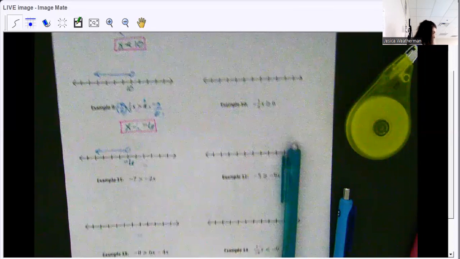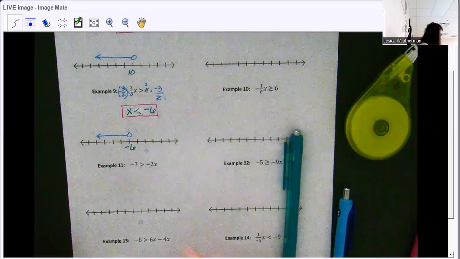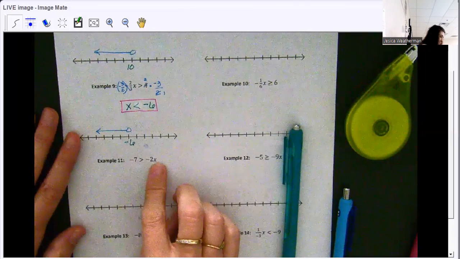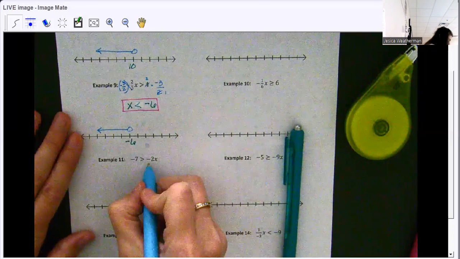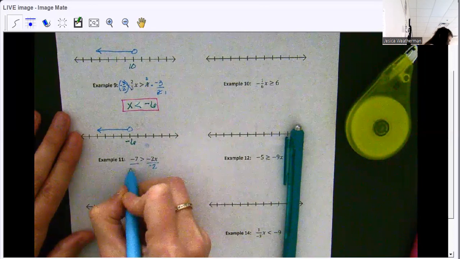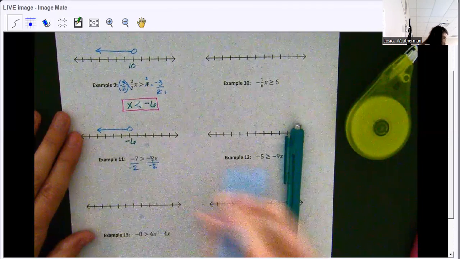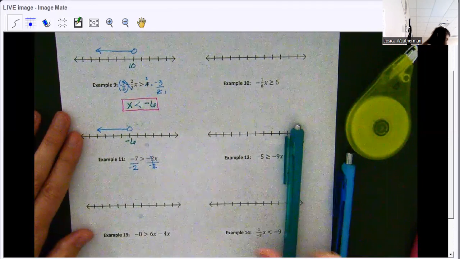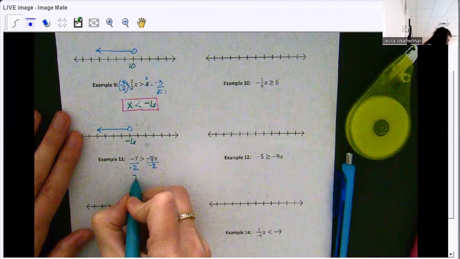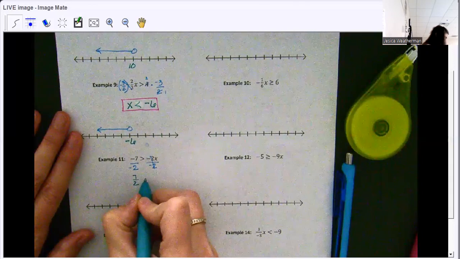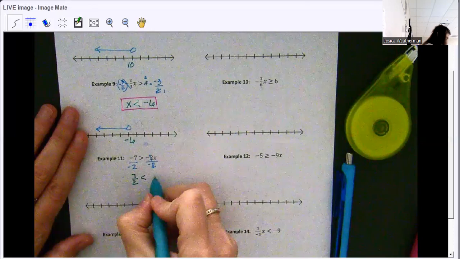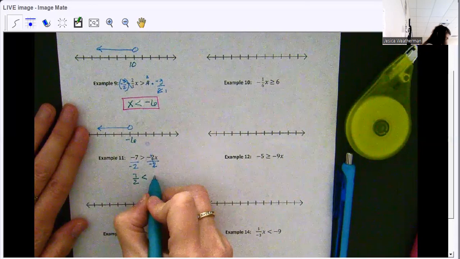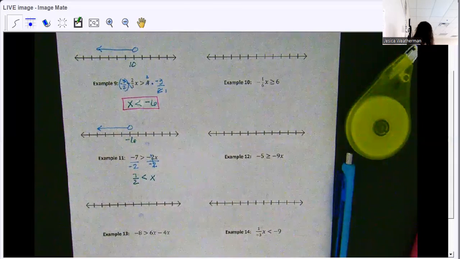Okay, now that's kind of switched around, you have your X on the left or the right side, so we are going to divide both sides by a -2. Okay, and we have +7/2, we have to flip our sign, is less than X, and then I'm going to flip that around.